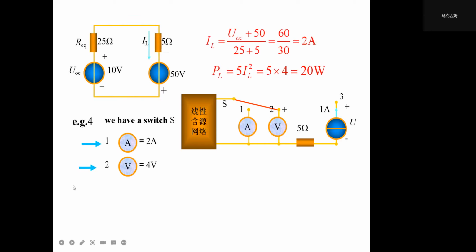In this example, we have a linear system with a source inside.